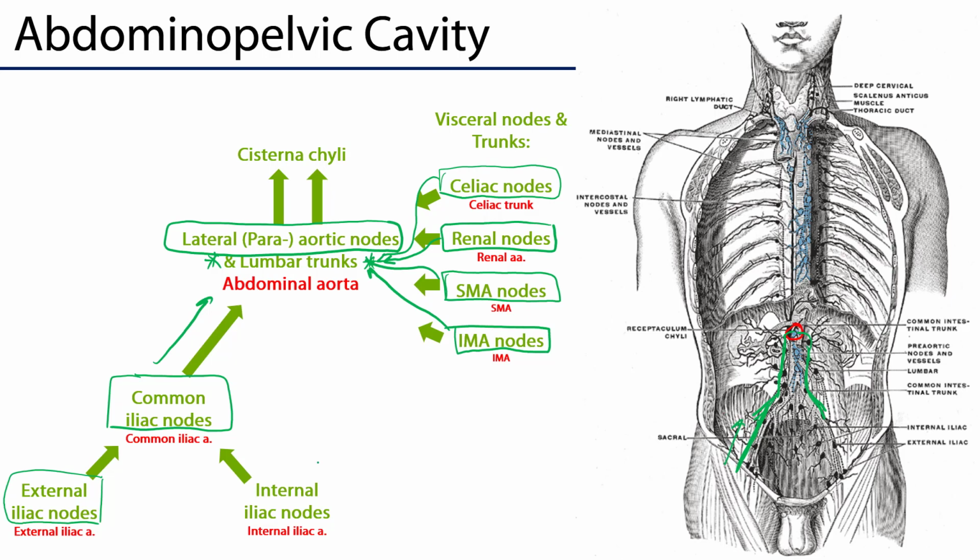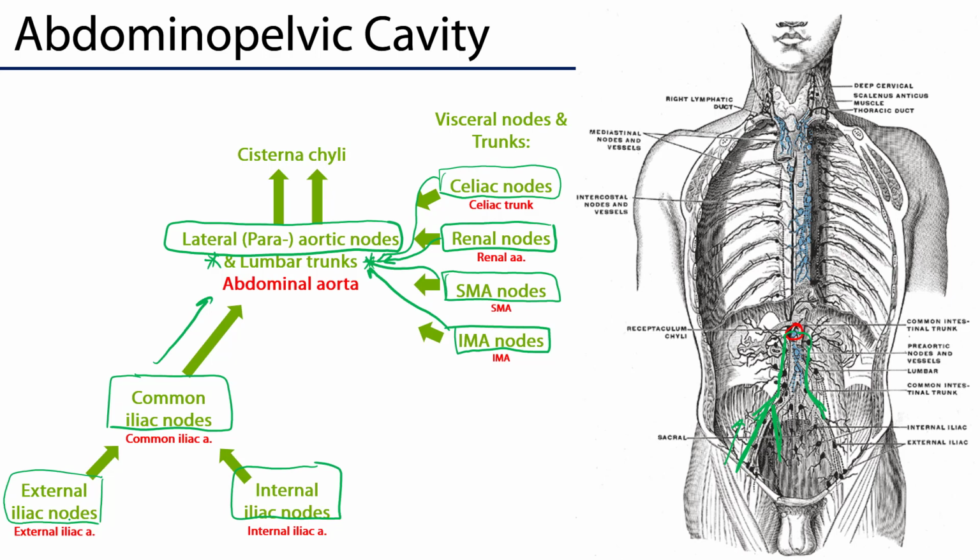And then there are internal iliac nodes associated with the internal iliac artery. So the external iliac nodes are going to carry lymph from the lower limb as well as the wall of the abdominal pelvic cavity.